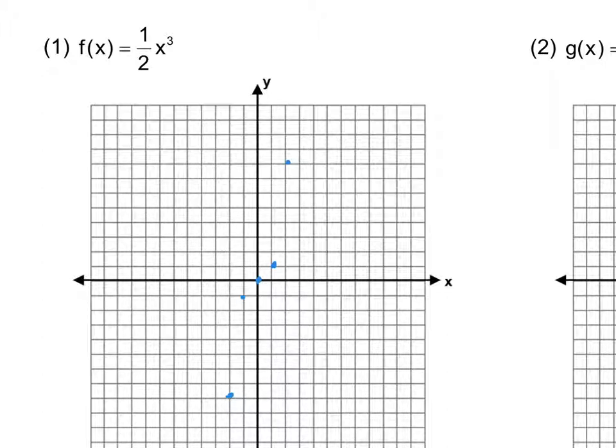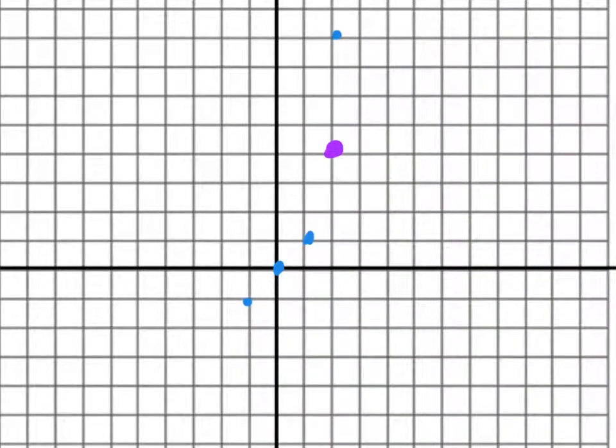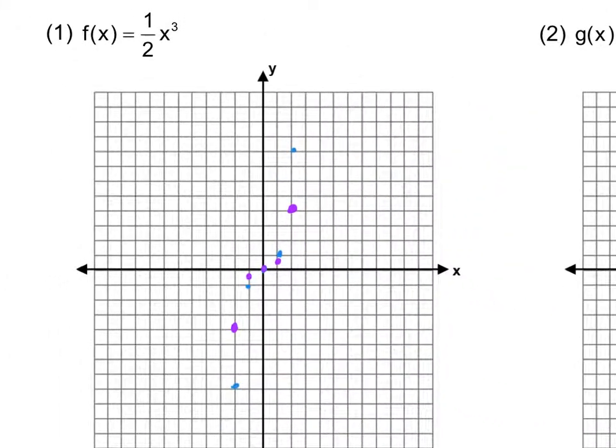What I want to do is shrink this down by a scale factor of 1/2. So all of these y values are going to get chopped in half. And then we put the smooth curve through it.